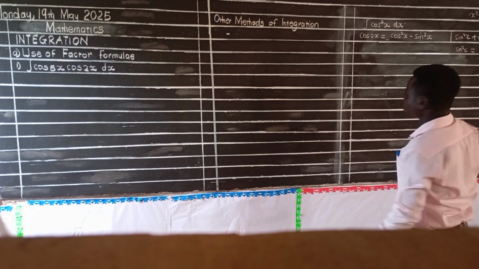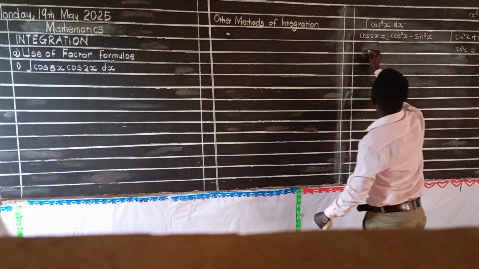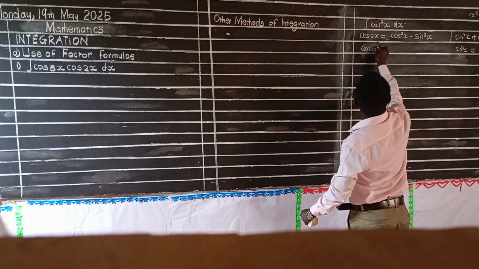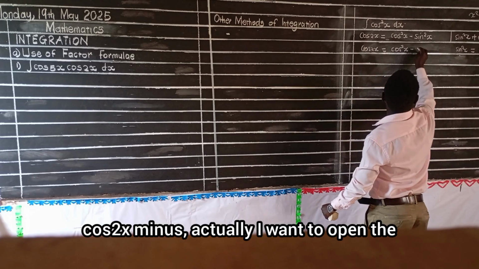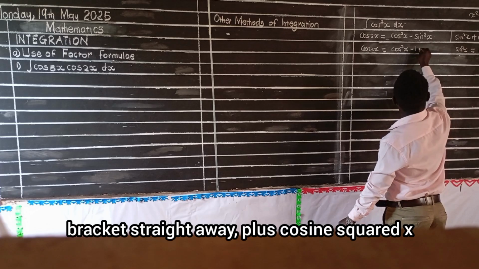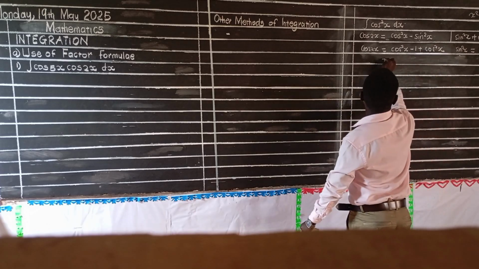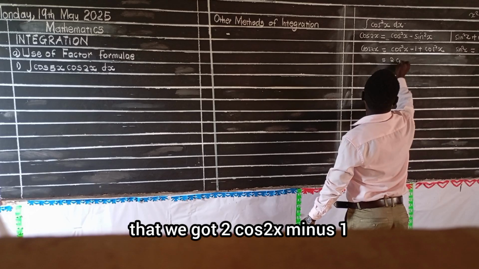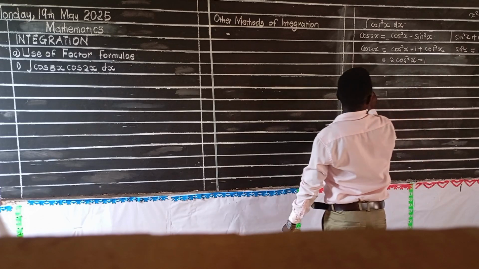So if that makes sense, then we can actually substitute this into this, so that we have cos 2x is equal to cos squared x minus, actually I want to open the bracket straight away, plus cos squared x. So we collected like terms and we got 2 cos squared x minus 1.